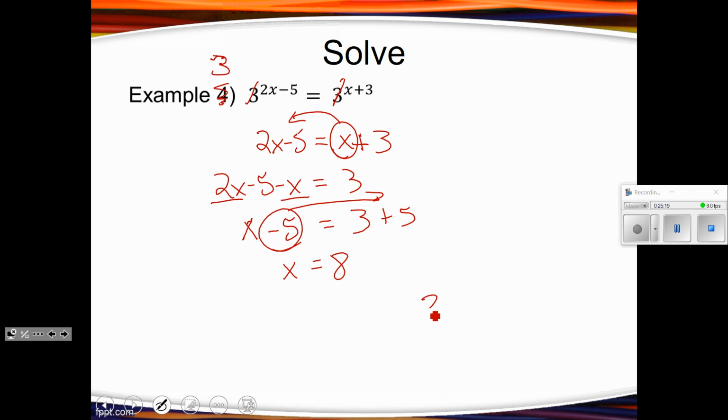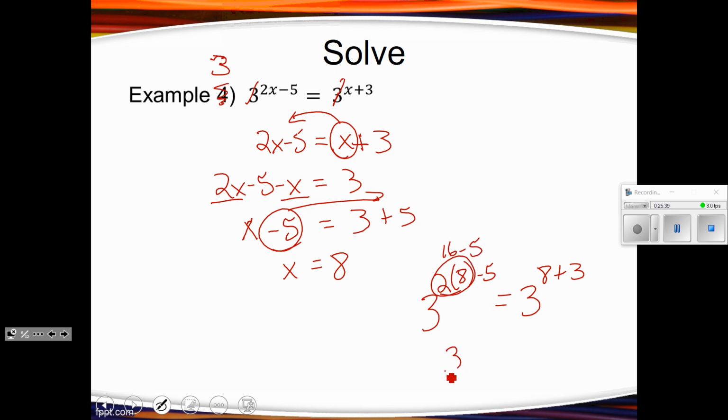Put in 3 raised to the 2 times 8 minus 5, and then put in 3 to the 8 plus 3. So what is 2 times 8? This would be 16 minus 5.